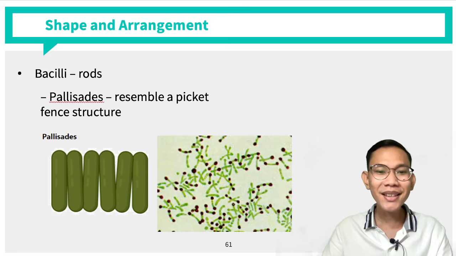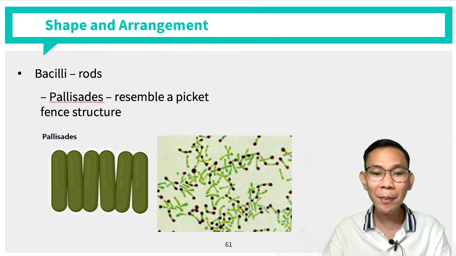Now we have your palisades, which resemble now your picket fence structure. So these are a type of bacilli that resemble a picket fence structure as a result of a bend at the point of division. So because of a bend during your cell division, it will now resemble your picket fence. So they appear similar to your Chinese letter.